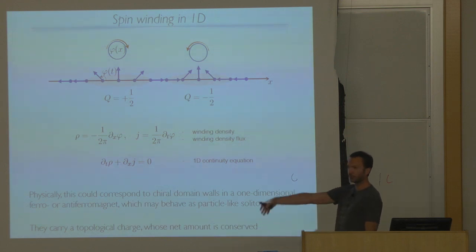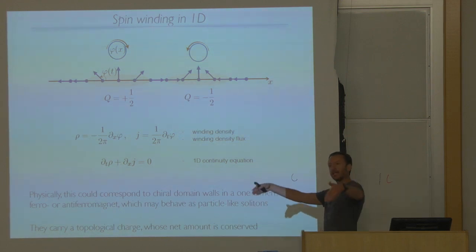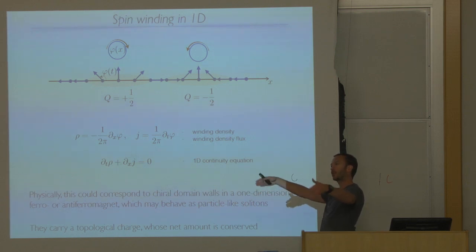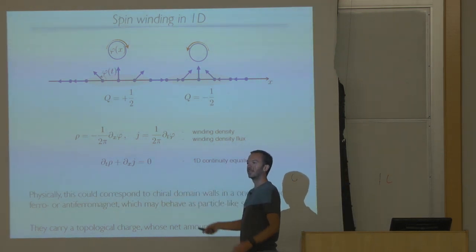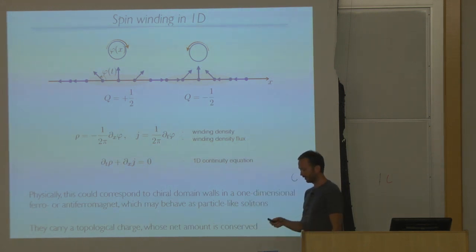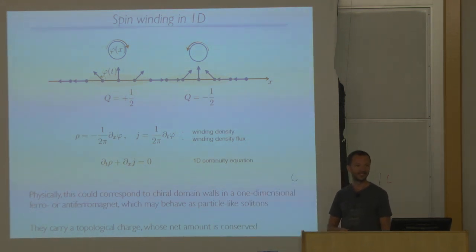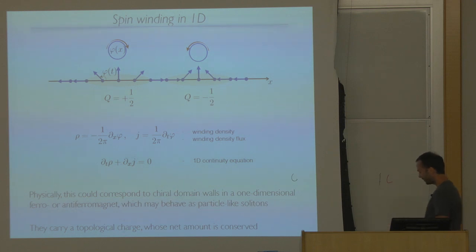Okay? We'll still have to learn how to convert that injection and extraction of topological density at the ends into electrical signals. And you'll see that, surprisingly, it's very easy to accomplish experimentally. All right, so that's the first example.